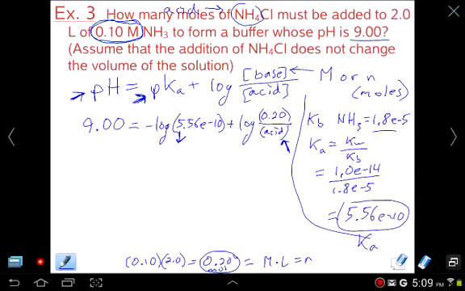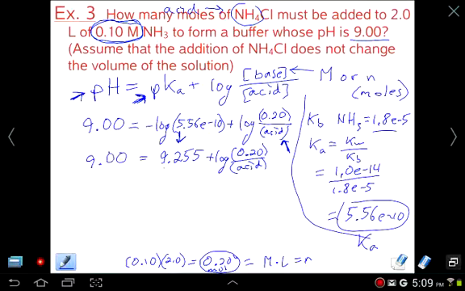Which gives you 9.255 plus log of 0.20 over the acid, and these have to be bracketed like this, equals 9.0.